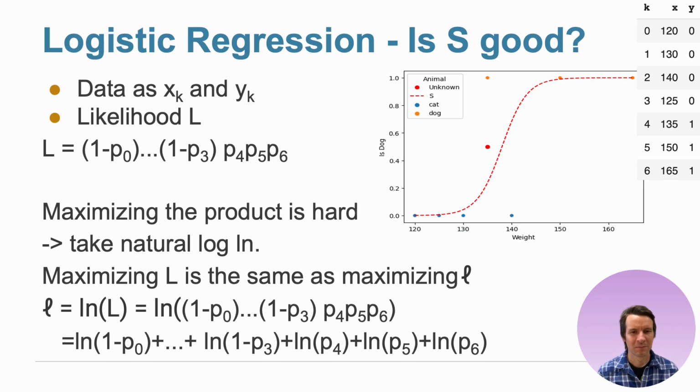Yes, you have a polynomial of a high degree. So instead of maximizing a product, you would like to maximize a sum. The way to turn a product into a sum is to take the natural logarithm. So here we take a natural logarithm, and then we can maximize the sum. We do it because it is numerically more stable to maximize a sum instead of a product.